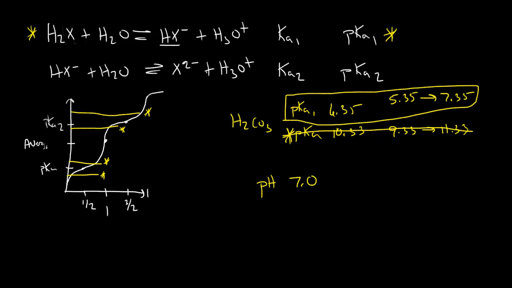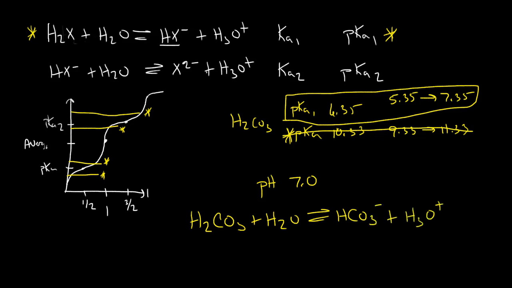So in the case of carbonic acid, the equilibrium we're thinking about is H2CO3 plus H2O becoming hydrogen carbonate or bicarbonate plus hydronium. So this is the equilibrium we're thinking about at pH 7.0. And what that means is that it's carbonic acid and bicarbonate that are the two species present at pH 7.0.